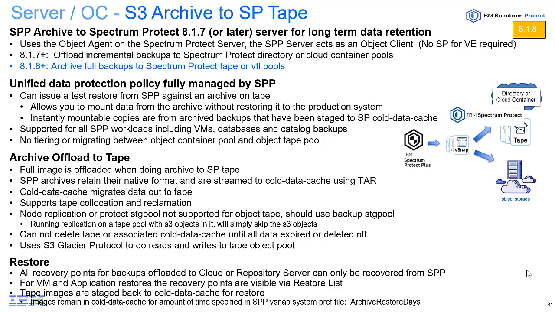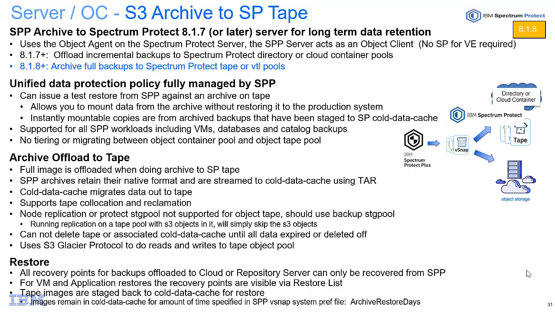When it comes to doing a restore, Spectrum Protect Plus is able to manage these restores, and it actually is able to access those offloads or archives from inside of Spectrum Protect and do a test restore against that data.